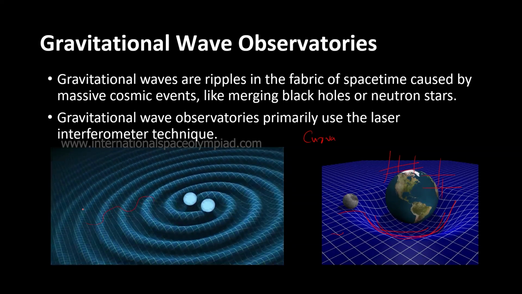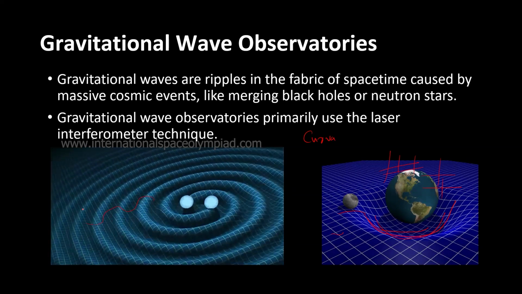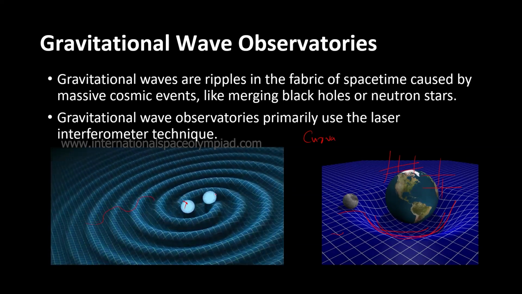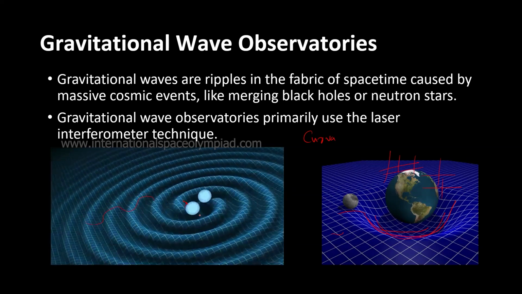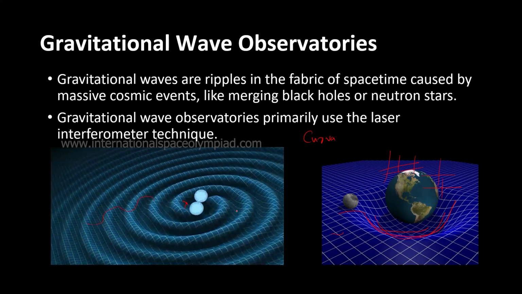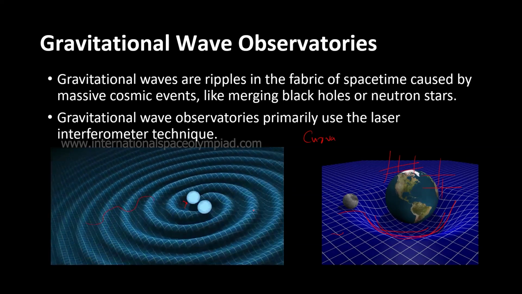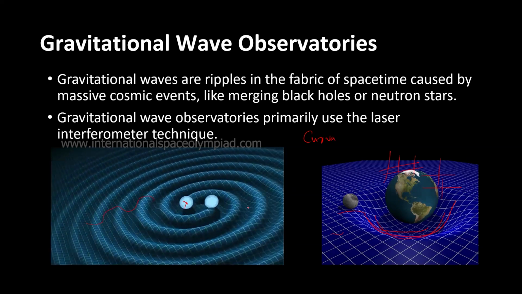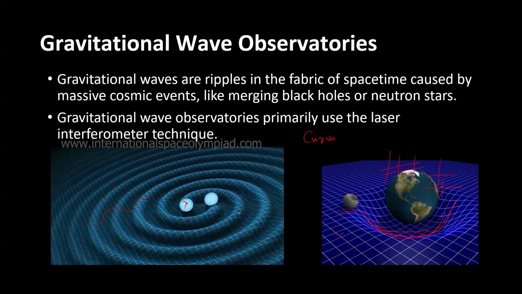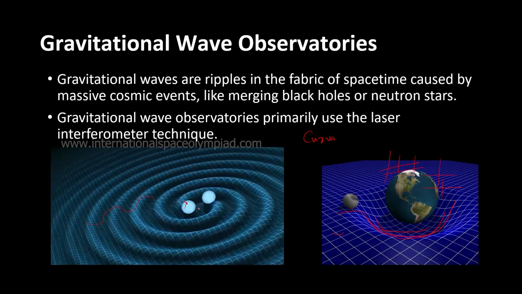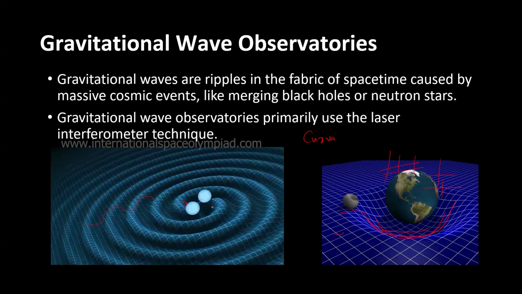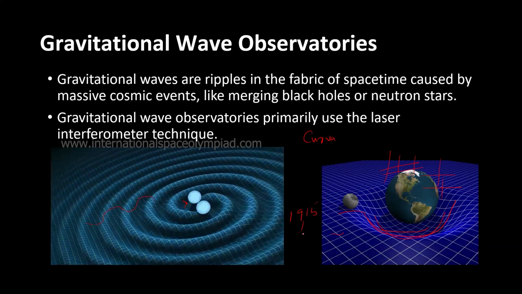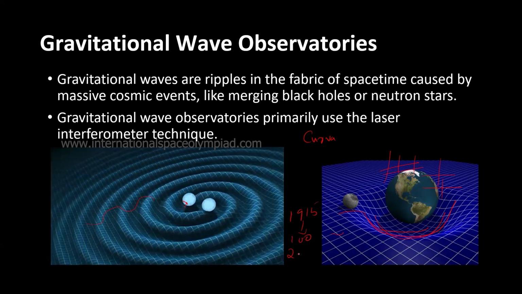Even the ripples made by two neutron stars or two black holes orbiting each other are strong, but even though they are strong enough, gravitational waves are so difficult to detect. That is why gravitational waves, predicted by Einstein in 1915, were only detected after 100 years, in 2015.